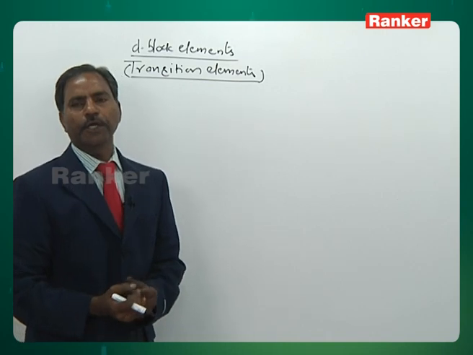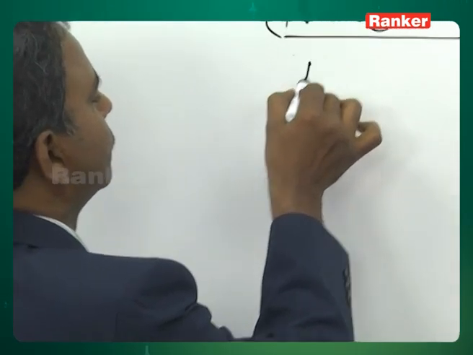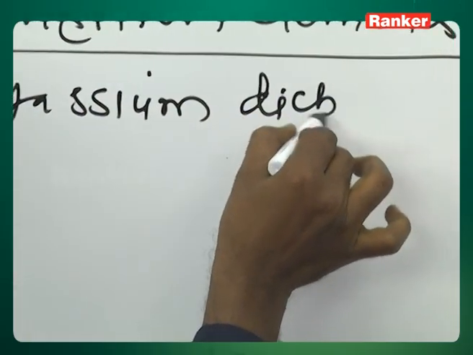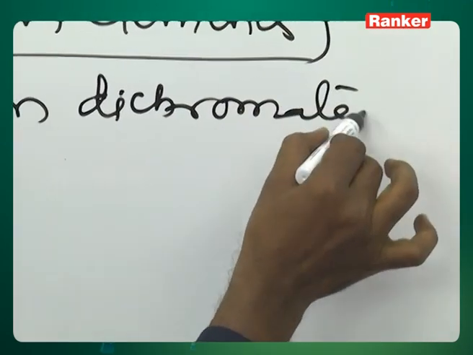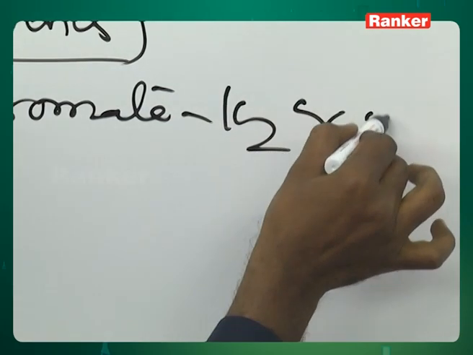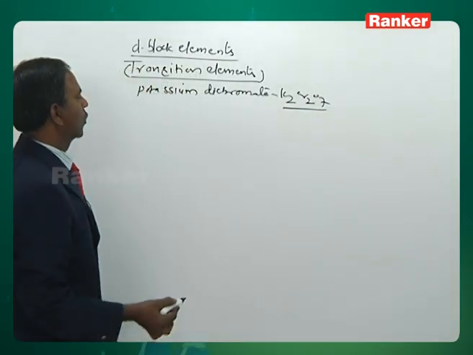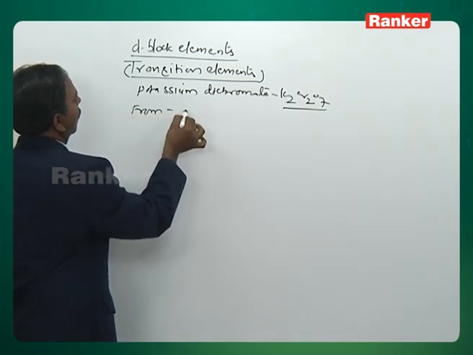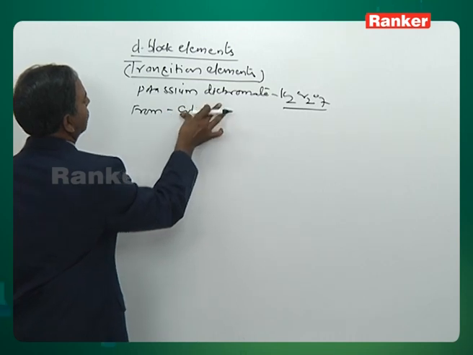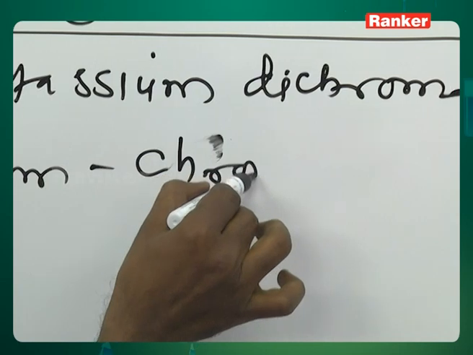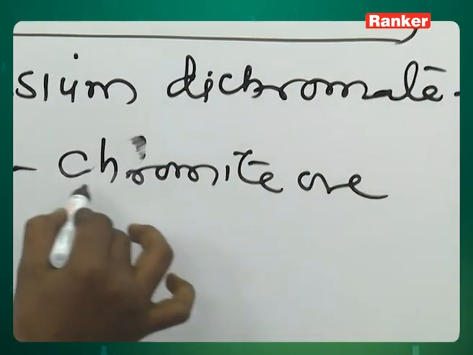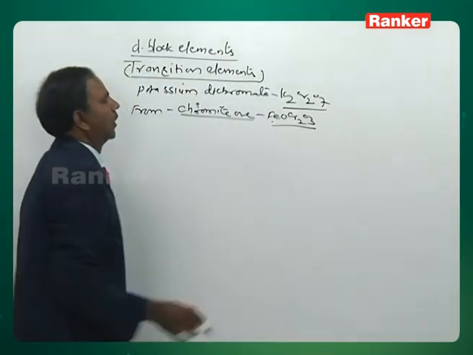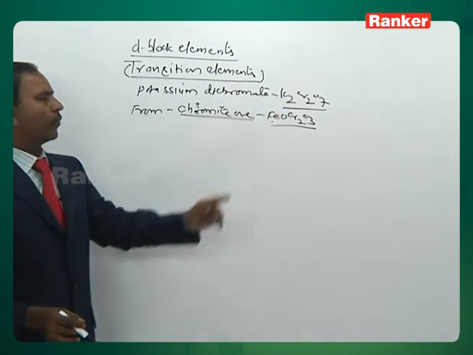Potassium dichromate, K2Cr2O7, is generally prepared from chromite, whose formula is FeO.Cr2O3.